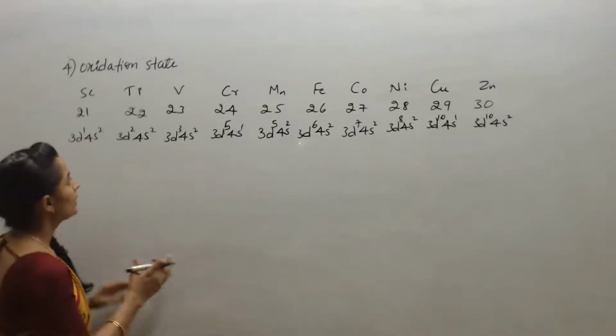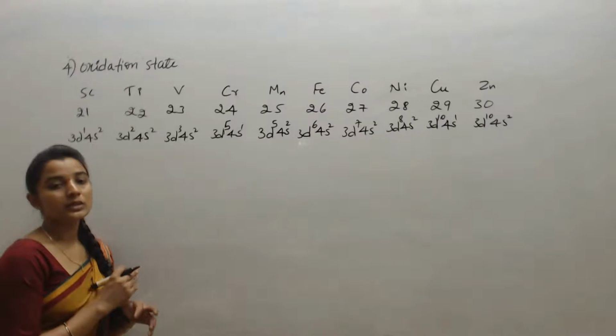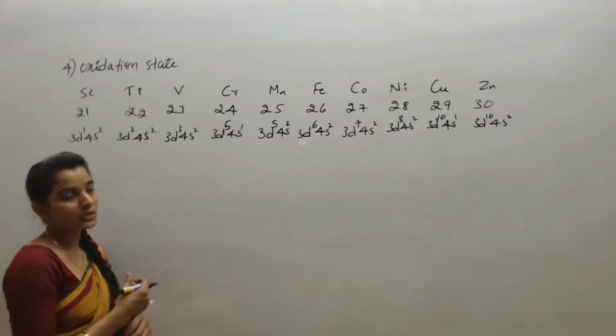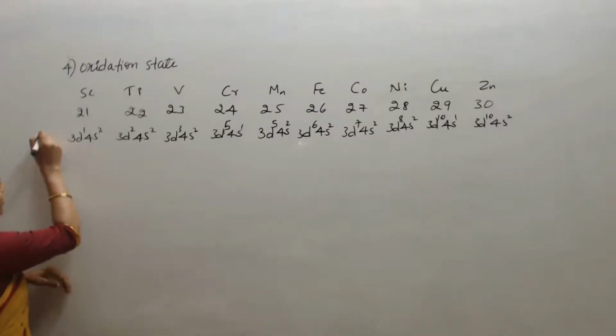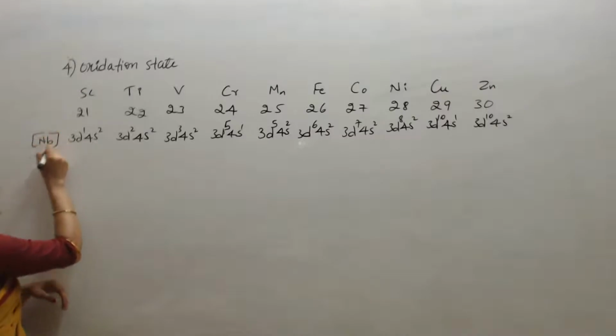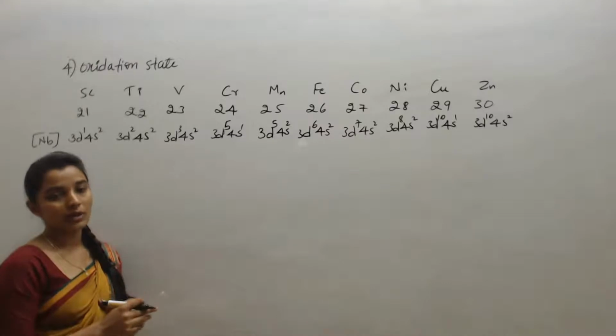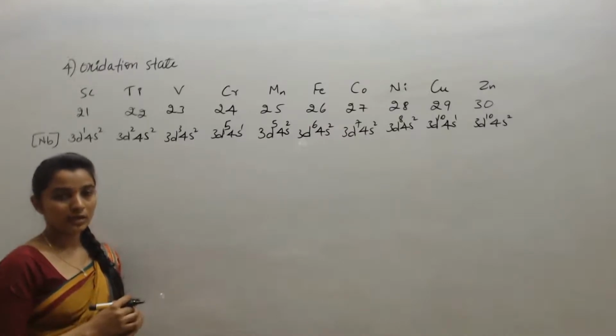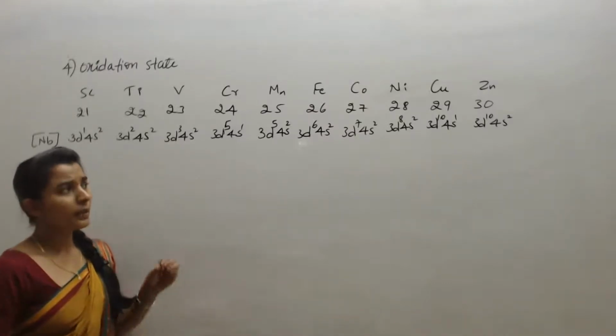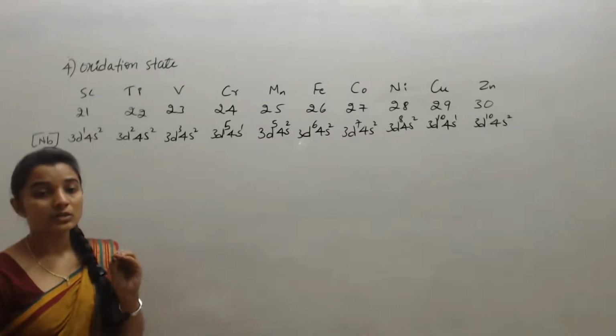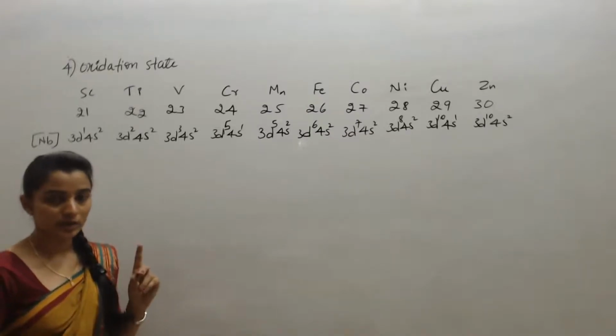Okay. So here, as I told, these are metals and they have to obtain the noble gas configuration because they are very near to this noble gas configuration. Means they easily donate electrons rather than accepting an electron. As I told you, the metals are always positively charged species, means cations.